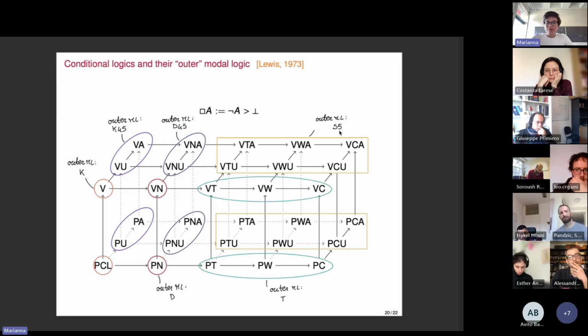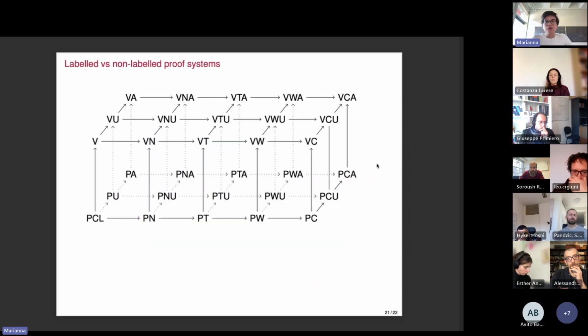So remember this square here, VTU and extensions. What happens if you think of different kinds of proof systems? Because I discussed the labeled proof system, but there are also different kinds of proof systems that you can define. And then the situation changes.